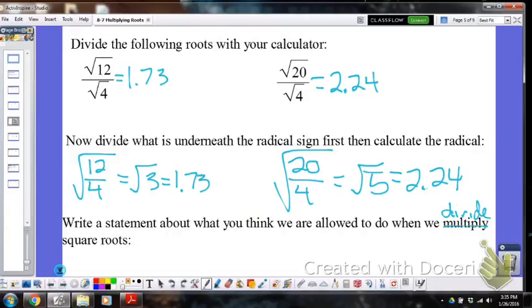So, what we're allowed to do when we're dividing square roots is we can divide what is underneath the radical.